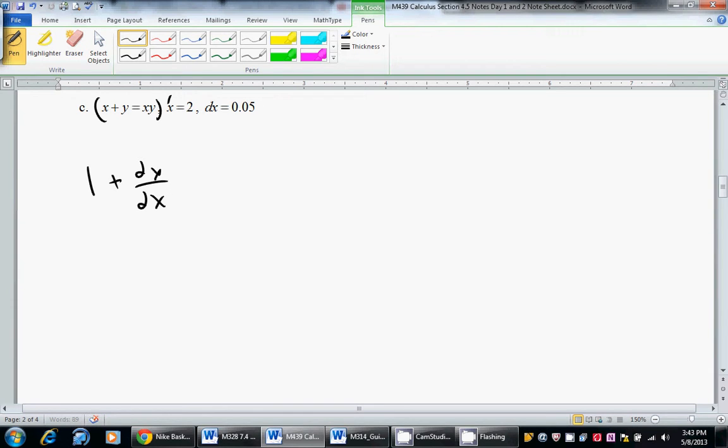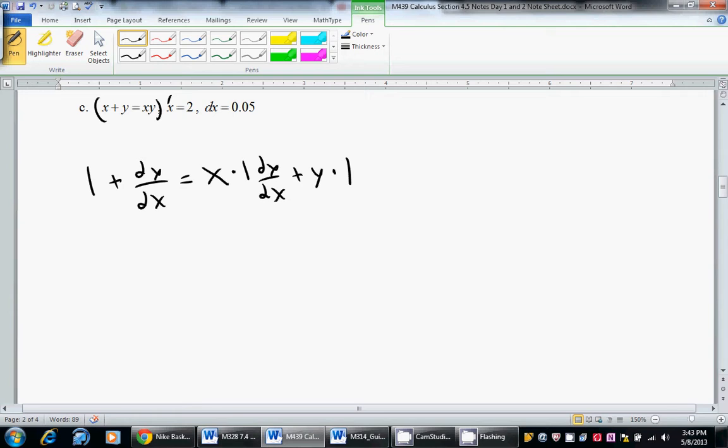I'm just going to write dy dx equals, and now x times y, use the product rule. So this is going to be x times the derivative of y, which is 1 dy dx, plus y times the derivative of x, which is just 1. Oh, yeah.